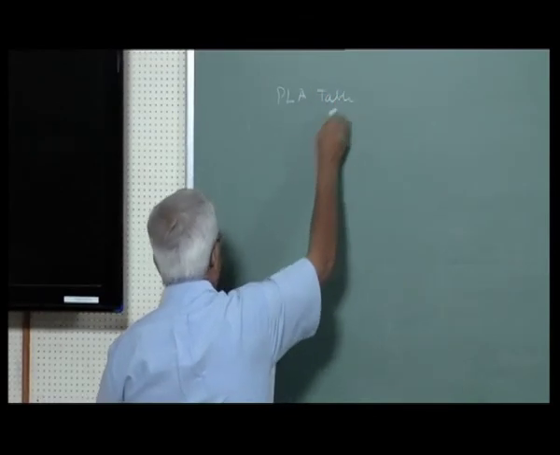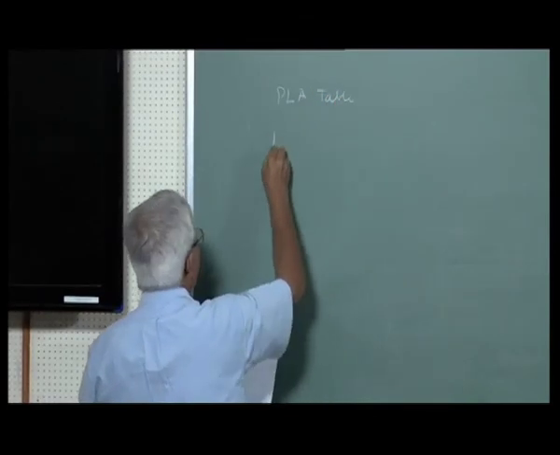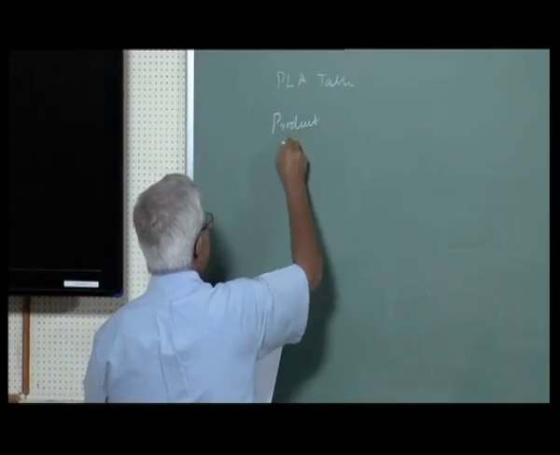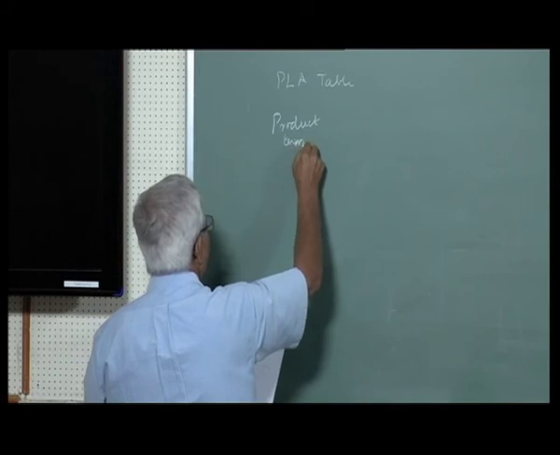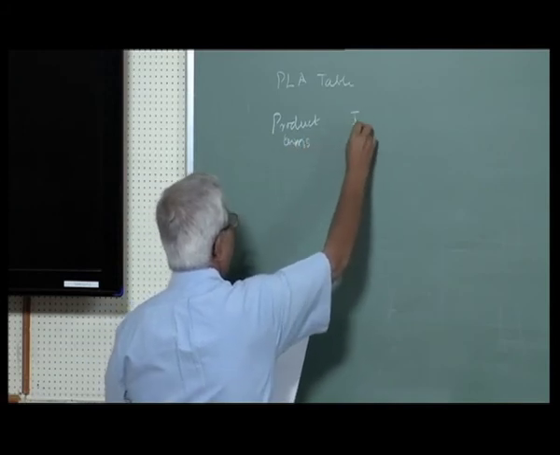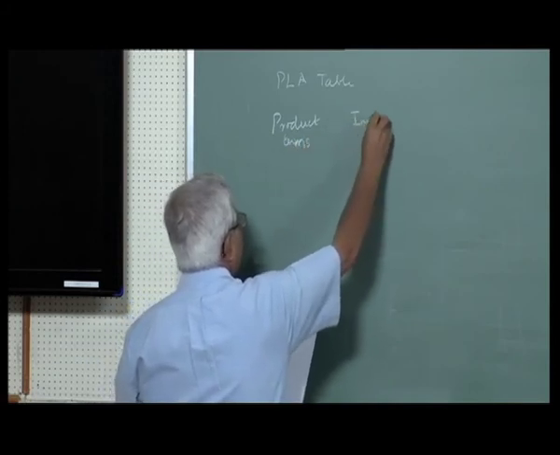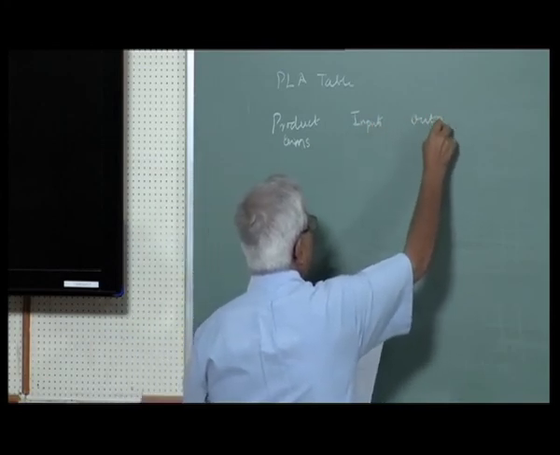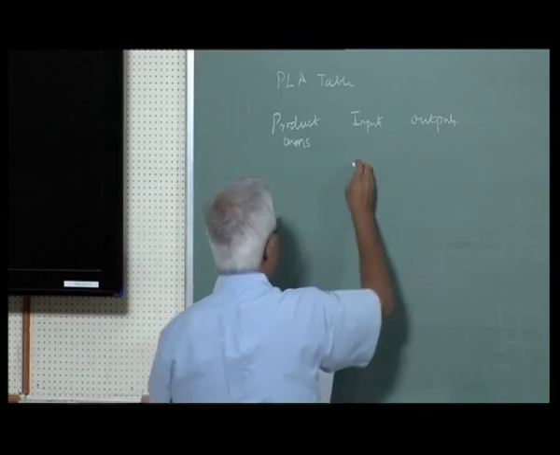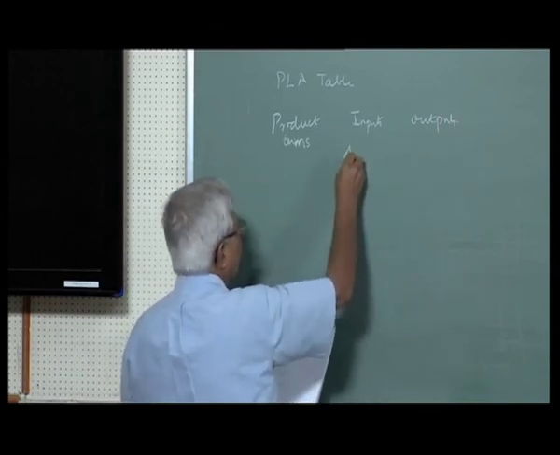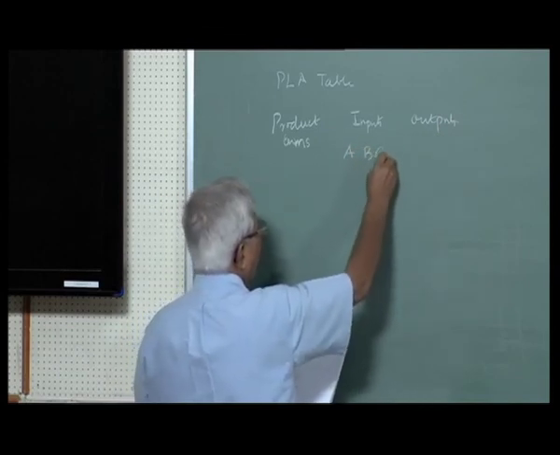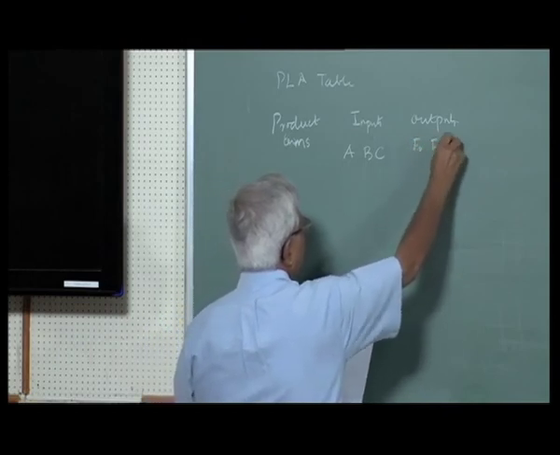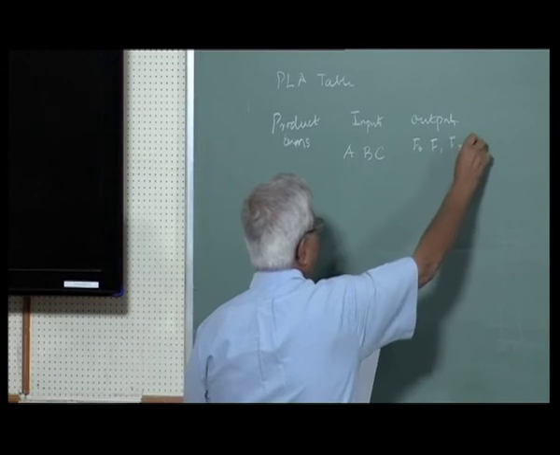In the table we have the product terms which you need, what are the inputs available, and what are the outputs required. Inputs are ABC. Outputs F0, F1, F2, F3.